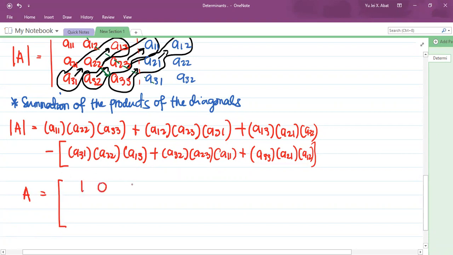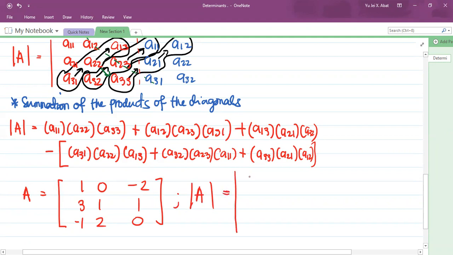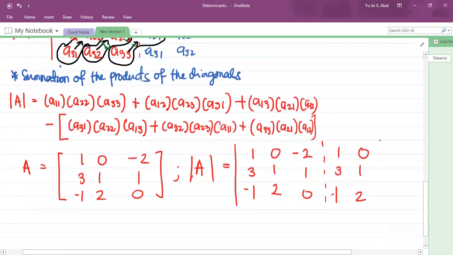So kung meron tayong 1, 0, negative 2, 3, 1, 1, negative 1, 2, and 0, if we wish to find the determinant of matrix A, that would be what? 1, 3, negative 1, 0, 1, 2, negative 2, 1, 0, and kokopehin ko yung dalawang first column, which is 1, 3, negative 1, and 0, 1, 2. So, i-perform natin yung determinant niya.